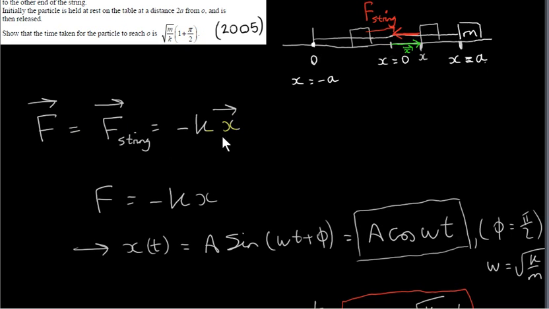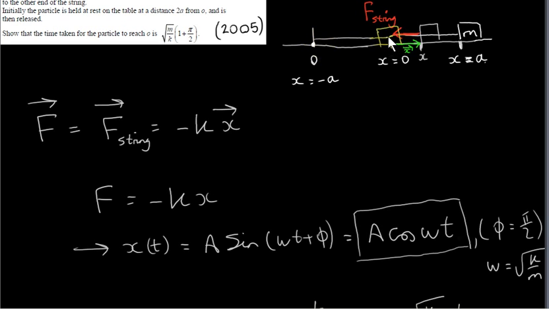I was talking about this formula here, that the force changes direction when the mass passes through the equilibrium position. However, this is a trick question, because what happens when the mass goes through the equilibrium position is that the string goes slack. We don't really talk about the compression of a string. I might have mentioned that earlier.